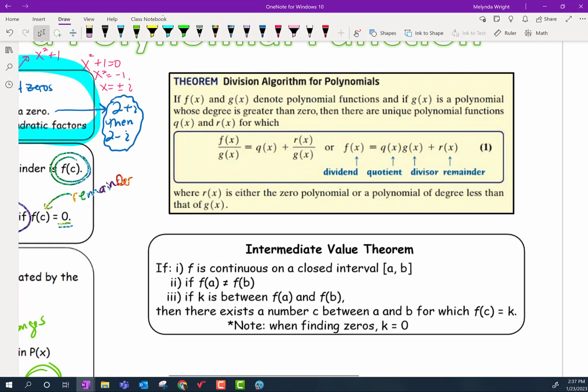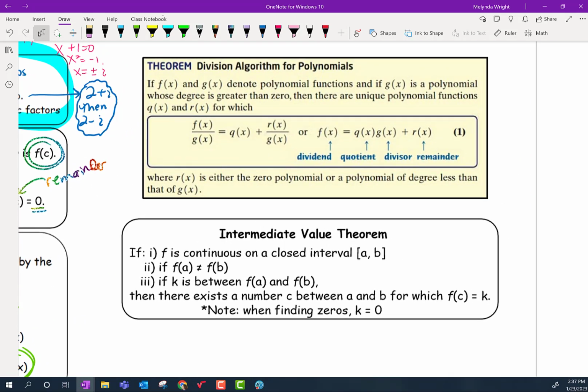This is just vocabulary right here. If we divide polynomials, which, dividing two polynomials actually is a rational function. We're putting those together.